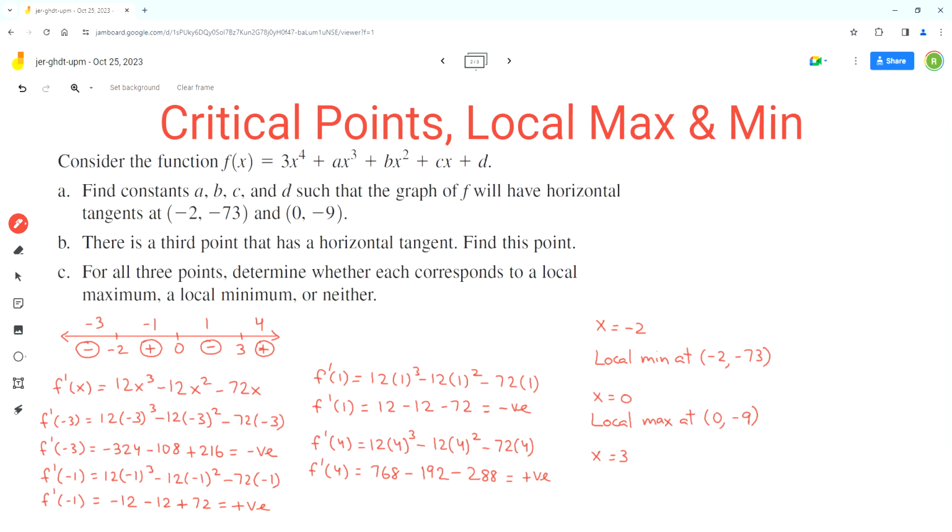So that means there is a local minimum at the third point that we found in part B, which is (3, -198). So this should be the final answer for part C. These are the steps you have to keep in mind to solve a problem like this one.